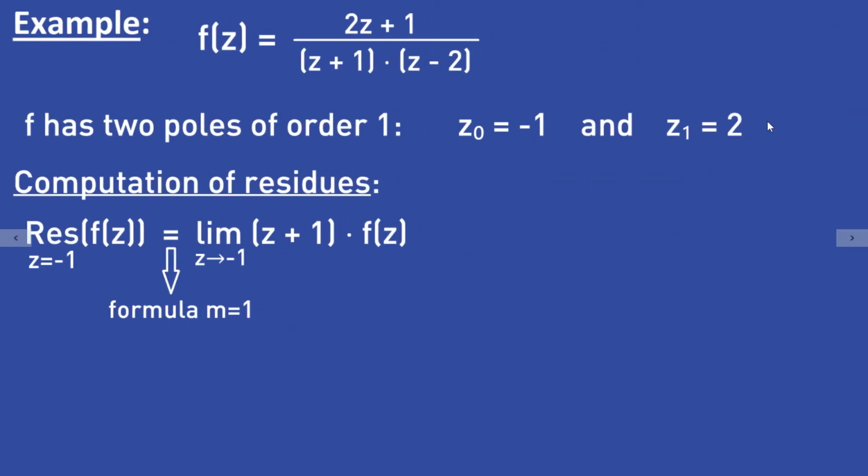The residue of f at the pole z equals minus 1 is equal to the limit z to minus 1 of (z plus 1) times f of z. Here we have used the calculation formula for the residue at the pole of order 1.